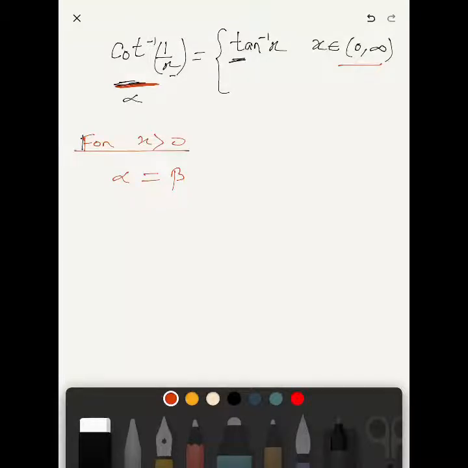But when you take negative input, for x less than 0, that is, x belongs to minus infinity to 0, what will be your function here? Let us try.